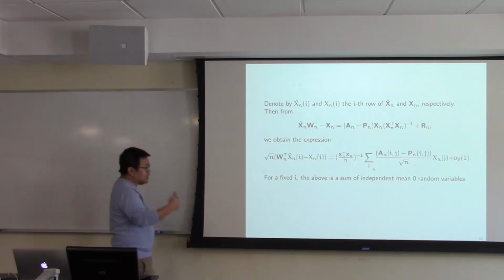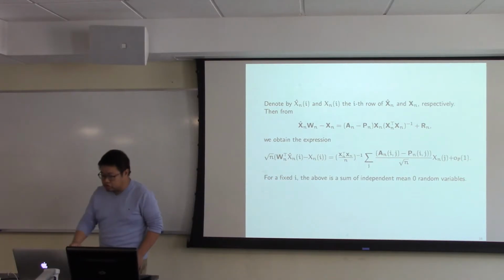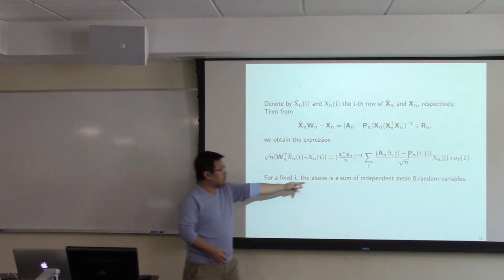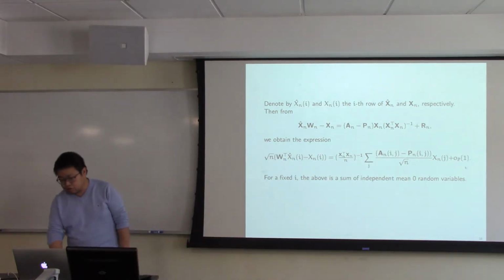So for any i, the ith row can be written as a linear combination of the independent entries A n ij minus P n ij, because I'm summing over j only, plus the residual term, which turns out will vanish. So this is now a sum of independent random variables suitably scaled. This part will converge to a constant.